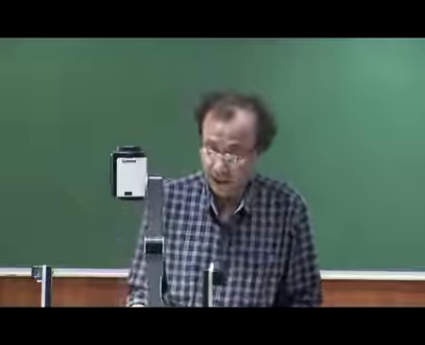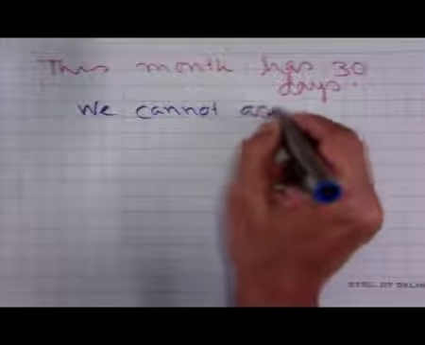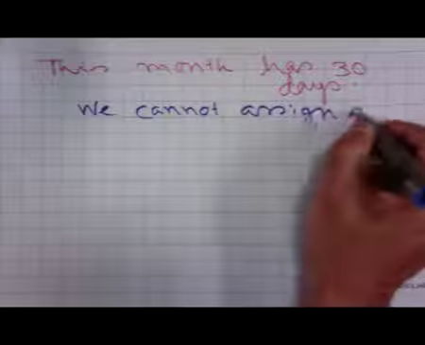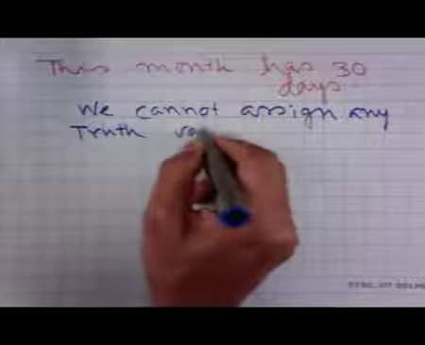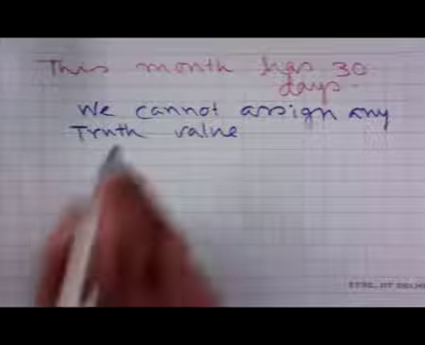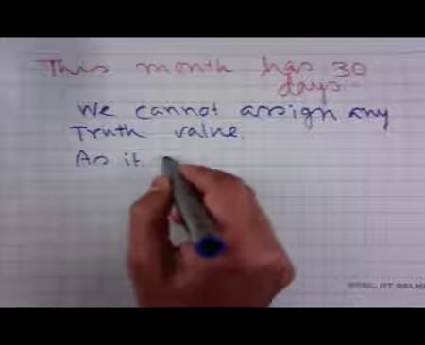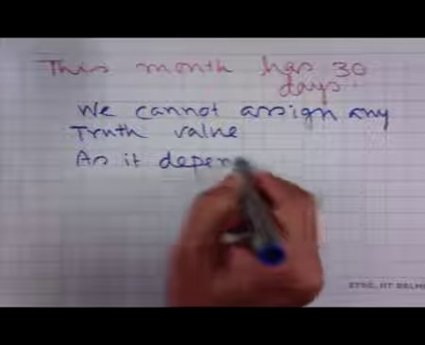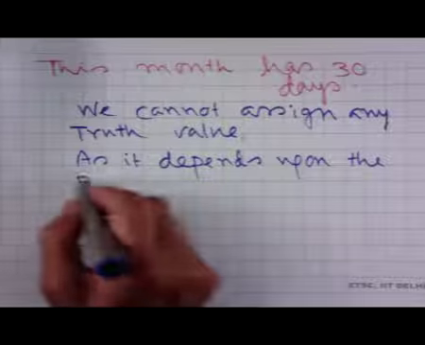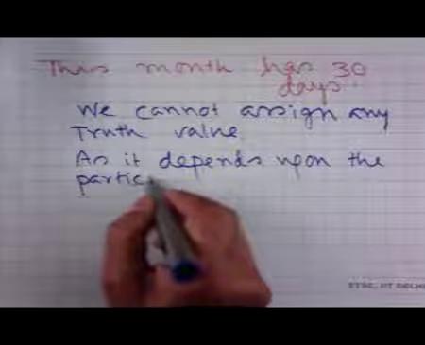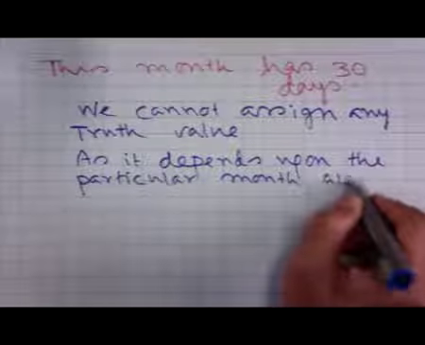We cannot assign any truth value, because it depends upon the particular month we are in.